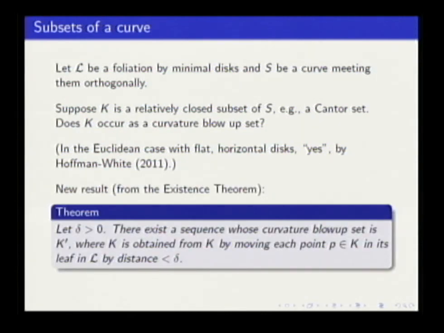So the new result, which again follows from the existence theorem, says the following. Take some very small delta. This theorem says we don't know if we can get exactly that closed set, but we can get something very close to it. Namely, there exists a sequence of minimal embedded disks whose curvature blow-up set is K prime, where K prime is obtained from K by moving each point in K in its leaf by some small distance delta.